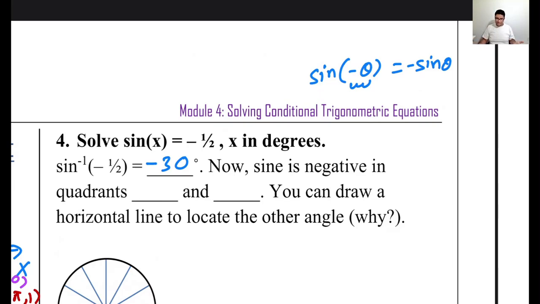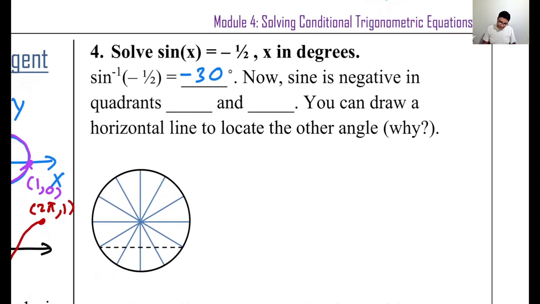So from the first quadrant you can go to the fourth quadrant, and that angle will be minus 30 degrees. Now, is that the only solution? No, of course not. Sine is negative, we said, in the third and fourth quadrant. What we wrote is in the fourth quadrant. Minus 30 degrees is here.